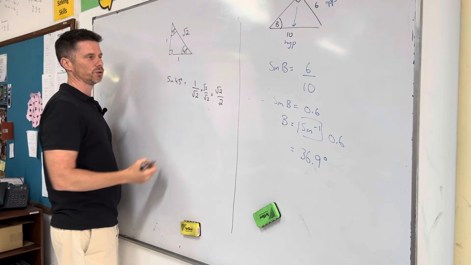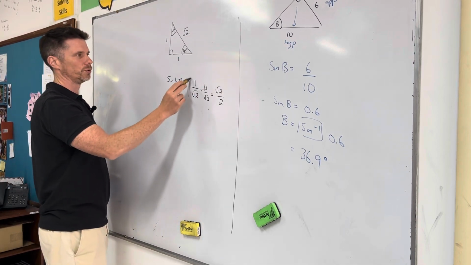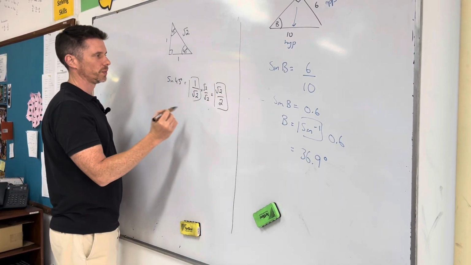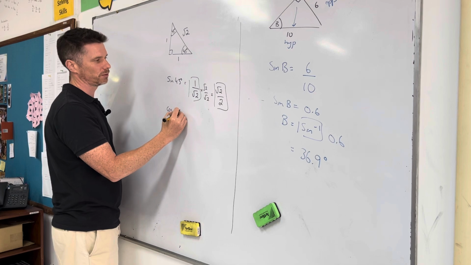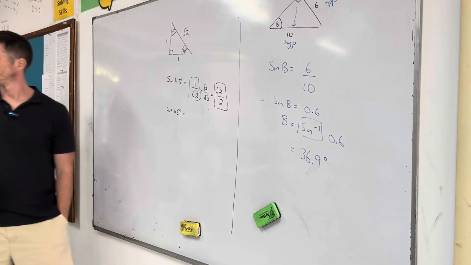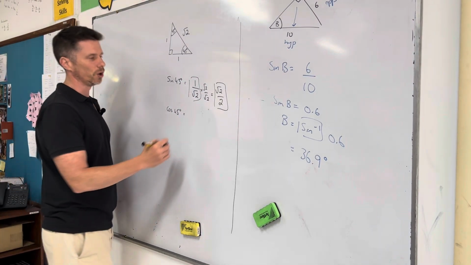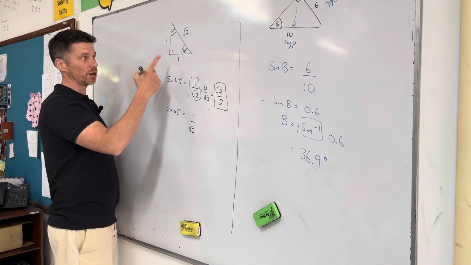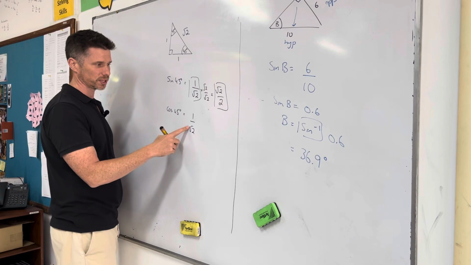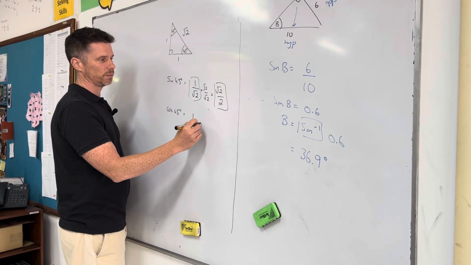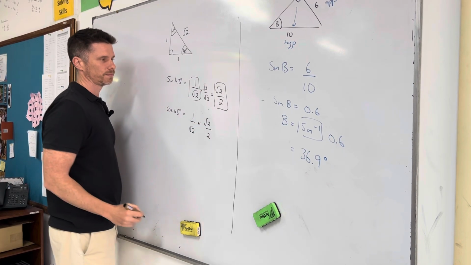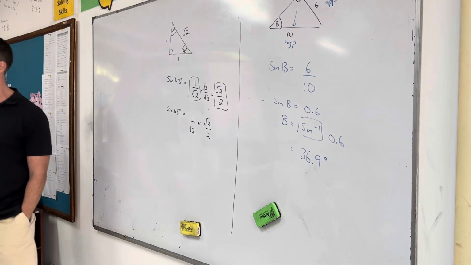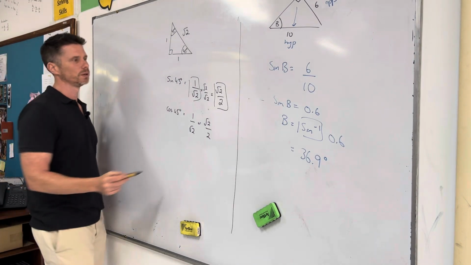So it can be written in two different ways: 1 over root 2 or root 2 over 2. What is the cosine of 45 degrees? Also 1 over root 2, the adjacent over the hypotenuse. Because the opposite and the adjacent are both 1, they're both the same. So that can be also written like this. This is one of our known ratios we need to know.